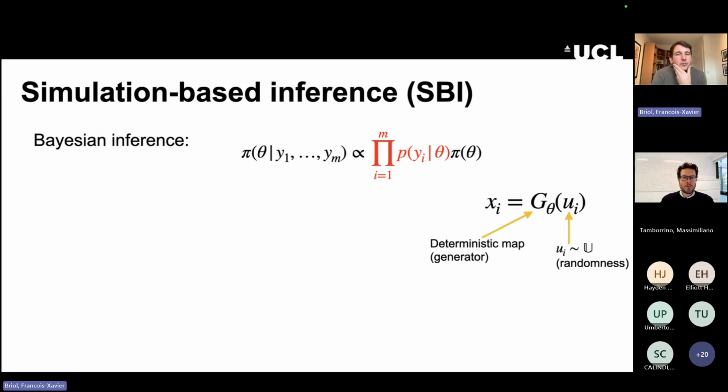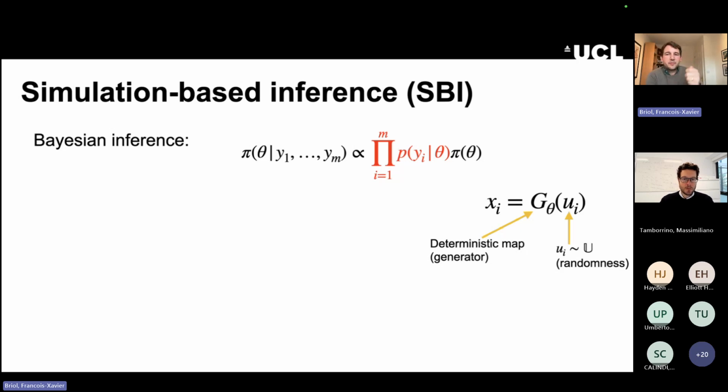So the way that people do this is using what's called a simulator. And there's many ways you can represent a simulator, but for me, a simulator is a pair of a map G theta, which is fully deterministic, and a distribution U, which encodes all of the randomness.